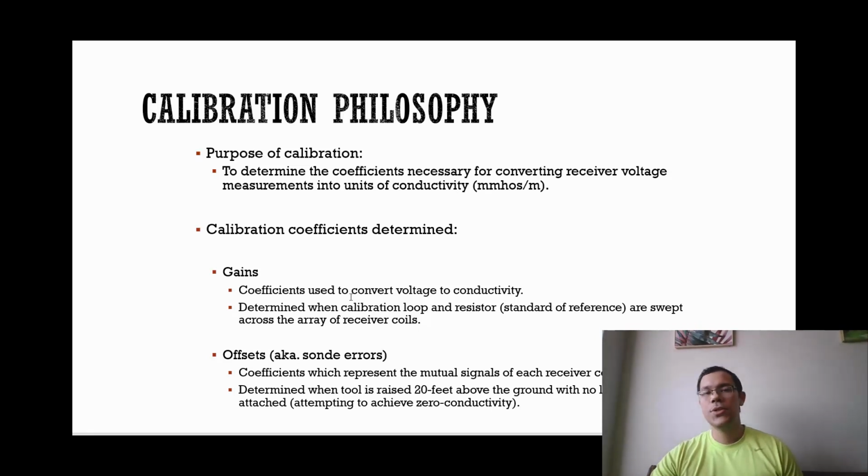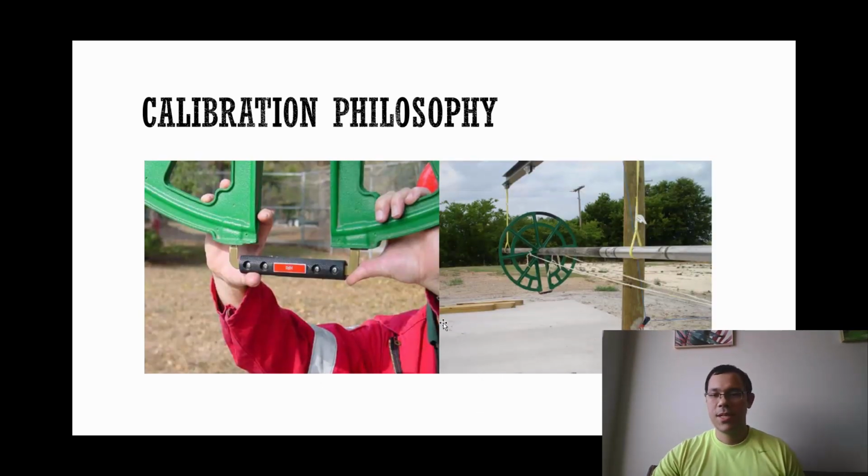To calibrate these tools, you should put them in a zero conductivity environment, which is sometimes hard to do. This is a graphical description. This is the induction tool, which is hanging, and we're passing this resistor through it. And there should be no metal around here.